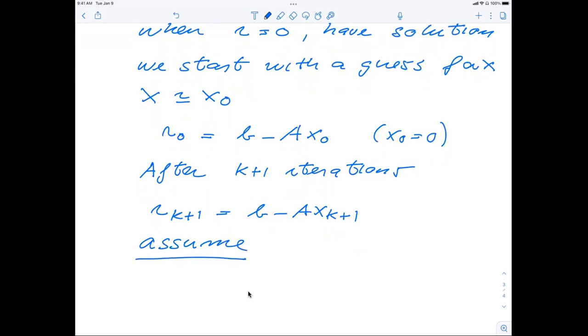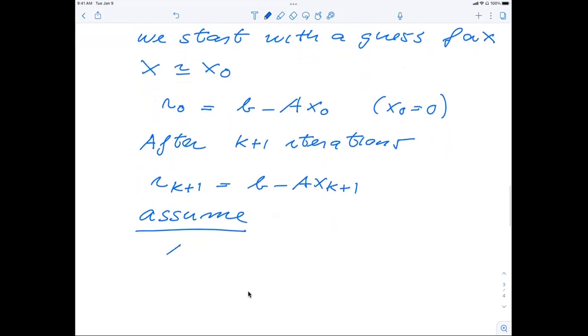So when we have x at iteration k plus 1, this depends on the previous value of x plus some parameter alpha, which we haven't specified, alpha of k, multiplied with this residual r of k. So this is a model which we are making now. We make an assumption that we can actually find a parameter alpha k, which uses this residual and improves the value of x at iteration k plus 1.